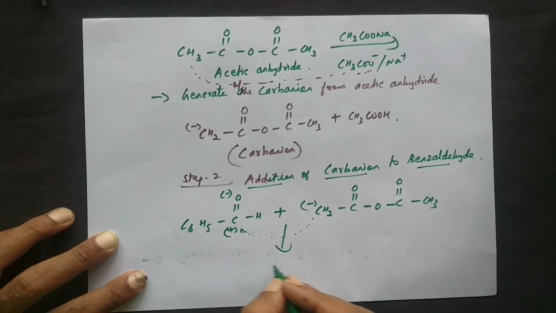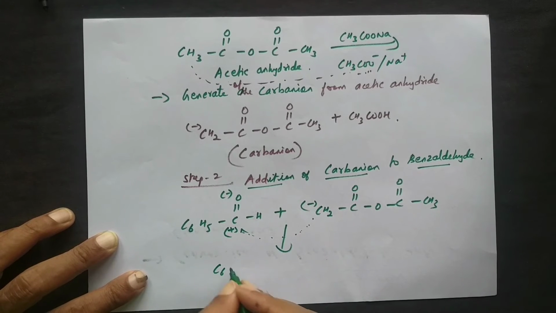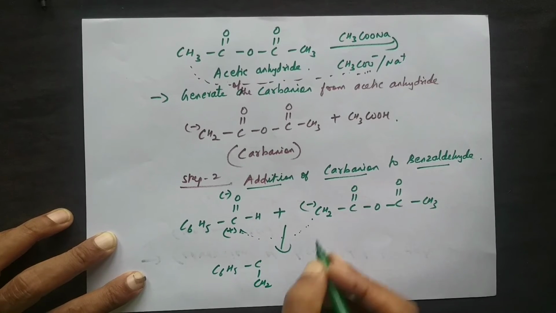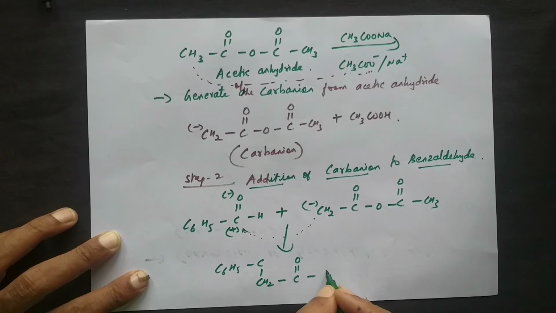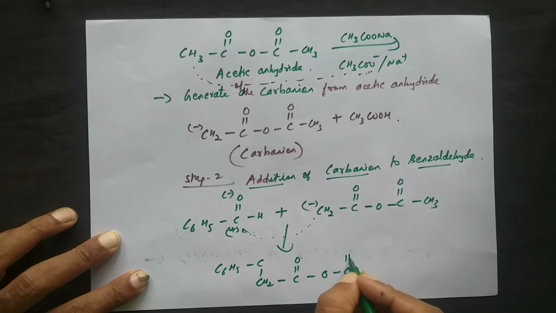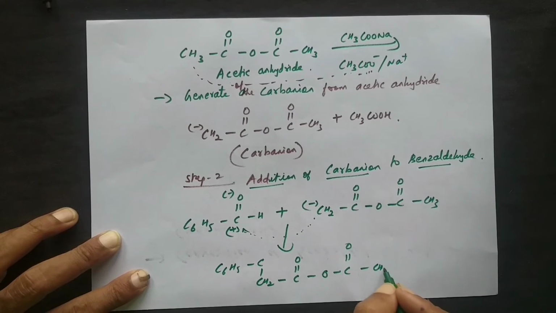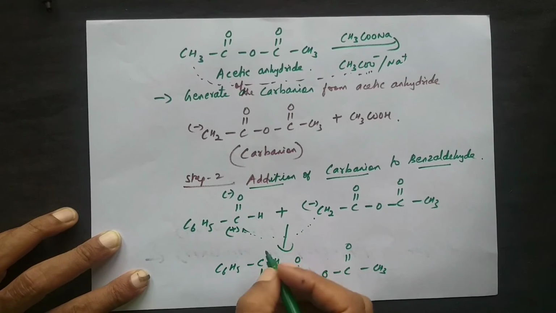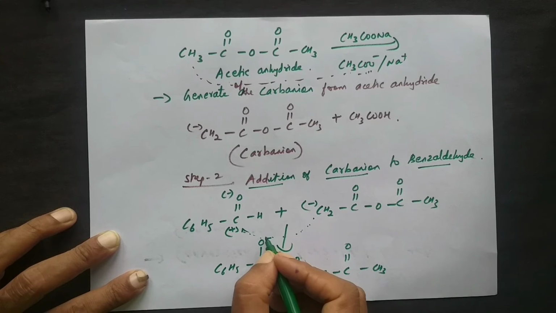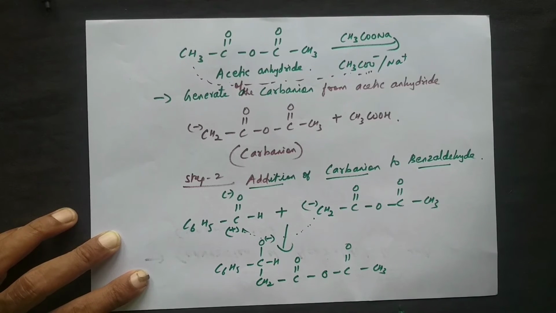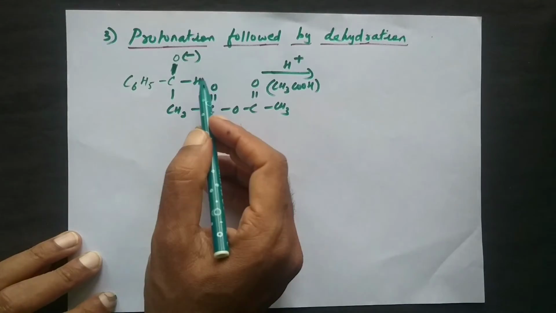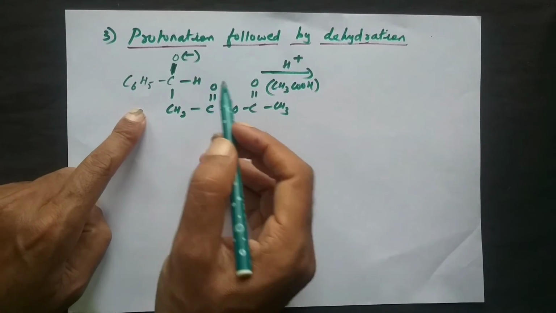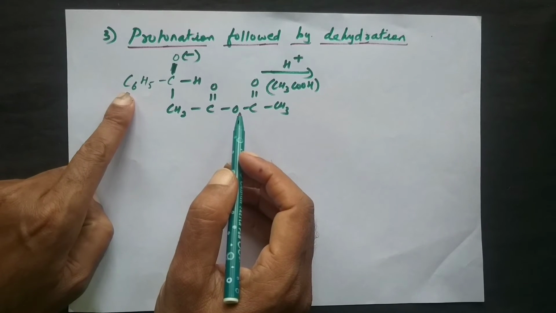So what I get now is C6H5 C, and here I get this CH2, C double bond O, the oxygen, followed by C double bond O and CH3. We have H here, and now the oxygen becomes O minus because carbon valency cannot be 5. This is the product after adding the carbanion to the benzaldehyde.